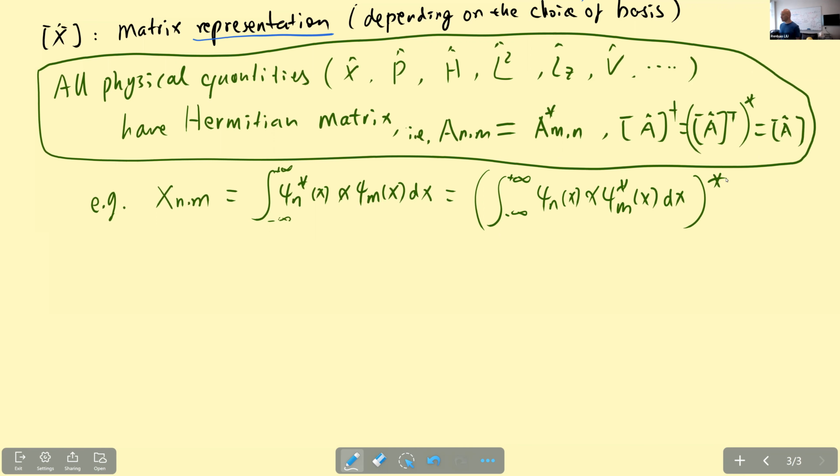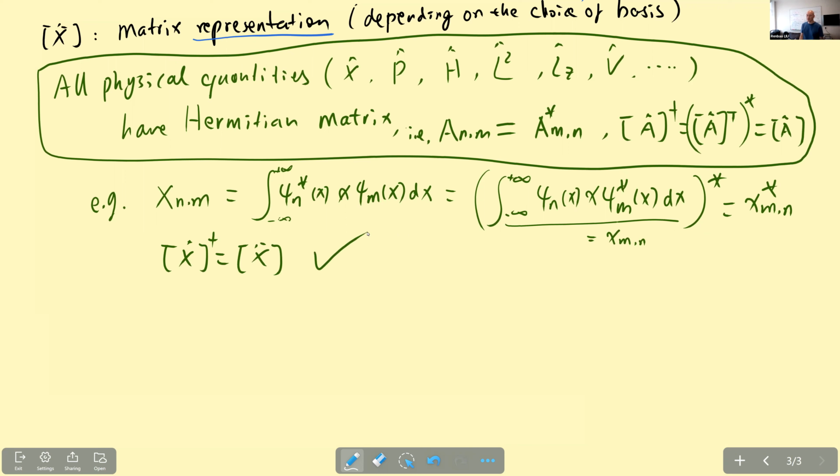That's very simple, okay. So now the inside of this one is nothing but just x_nm, right? So this one just equals x_nm complex conjugate. Okay. So that means this x operator is Hermitian. Okay. So that's one example.